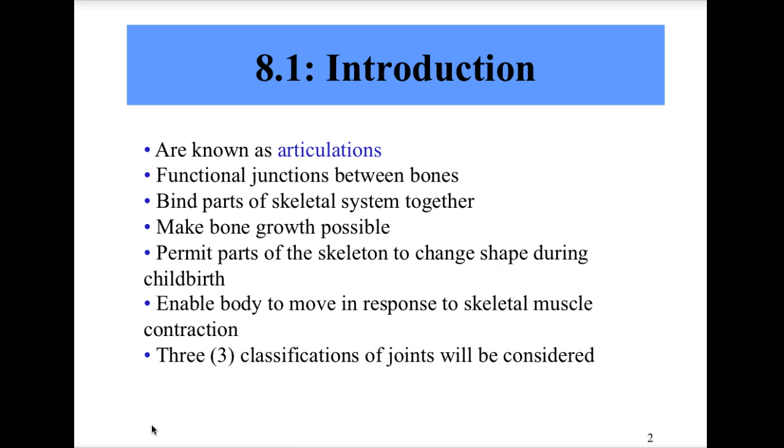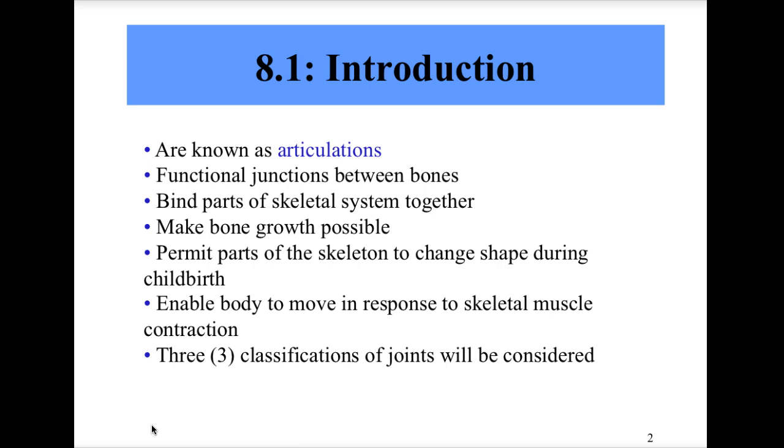In our introduction, we are going to list the functions of joints and explain how joints can be classified according to the type of tissue that binds the bones together and the degree of movement that is possible at the joint.